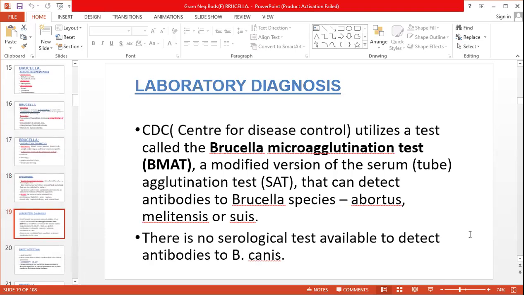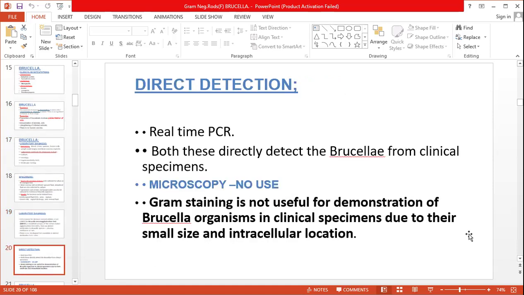The CDC utilizes a test called the Brucella microagglutination test, a modern version of the serum agglutination test. There is no serological test available to detect antibodies to B. canis. We do PCR also; microscopy is of no use.